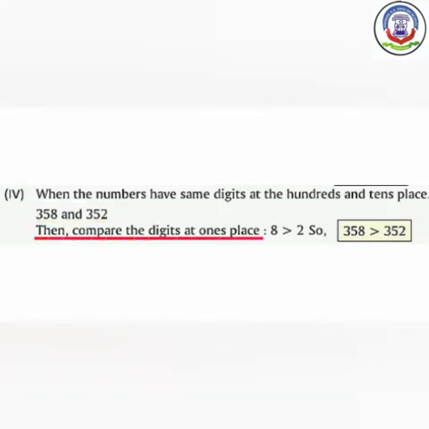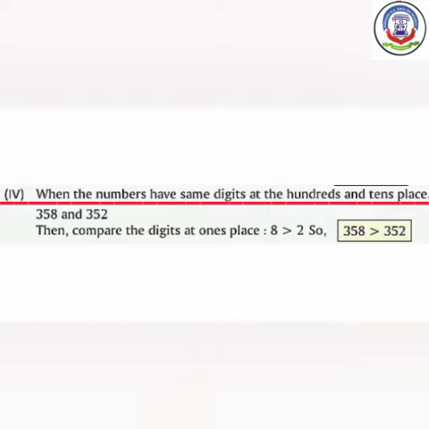Then compare the digits at ones place. जब हंड्रेड्स और टेंस की प्लेस पे सेम नंबर होते हैं तो हम वंस प्लेस देखते हैं. यहाँ हंड्रेड्स और टेंस की प्लेस पे नंबर सेम है तो हम वंस की प्लेस पे देखेंगे. वंस की प्लेस पे लेफ्ट हैंड साइड पे 8 है और राइट हैंड साइड पे 2 है तो 8 2 से बड़ा होता है. So 358 is greater than 352.